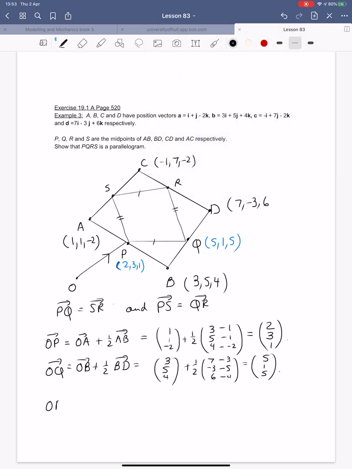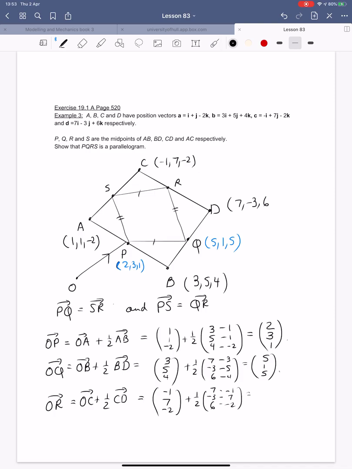Right, O to R next. We'll do that as O to C plus a half C to D. O to C, minus 1, 7, minus 2, plus a half of C to D, which is D minus C. So it's 7, minus 3, 6 minus minus 1, 7, minus 2.